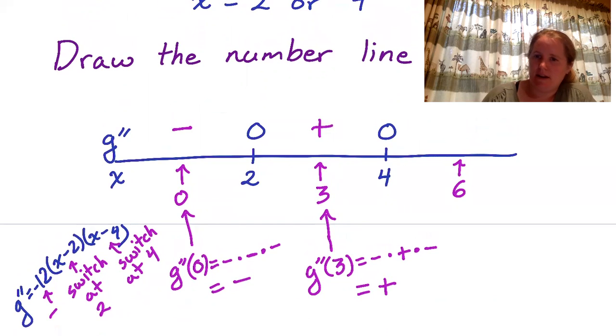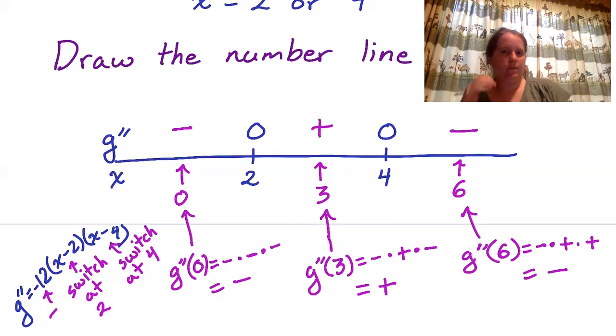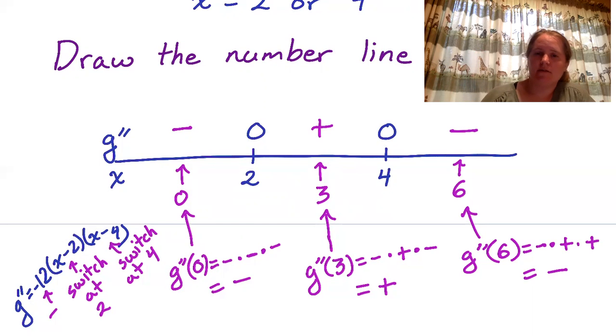And then at x equals 6, that second derivative evaluated at 6, that negative 12 is still negative. And then 6 minus 2 is positive, as is 6 minus 4. We have an odd number of negatives, we get a negative. So we have negative, positive, negative.